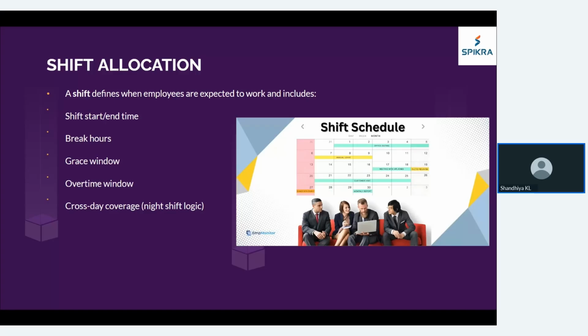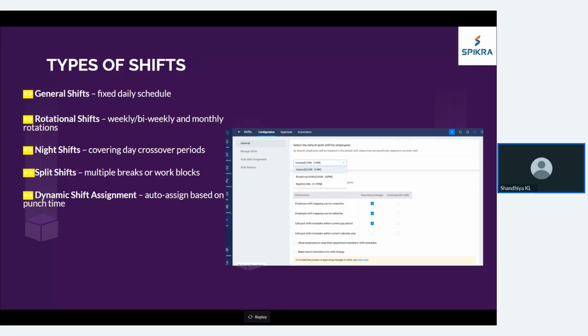It also helps organizations with multiple work sites, branches, offices, or geographic locations manage attendance accurately. So, let me see why shift location is important, which means we can track attendance based on our work locations. If an employee is assigned to a particular site, attendance rules apply to that location.